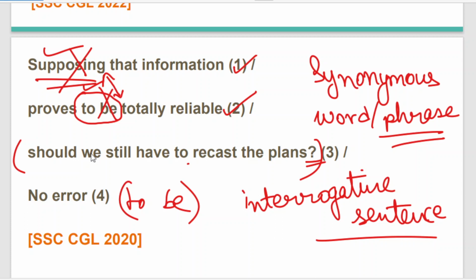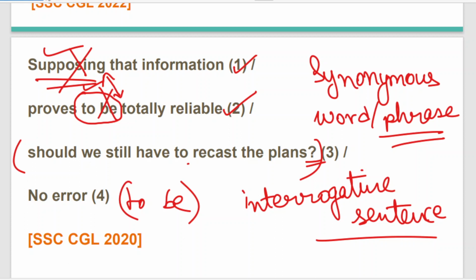So either you write "supposing that information proves totally reliable," or you write "that information proves to be totally reliable." Either one of them. If you mark both options, then your sentence is "that information proves totally reliable, should we still have to recast the plans?" That means the hypothetical situation is not created.